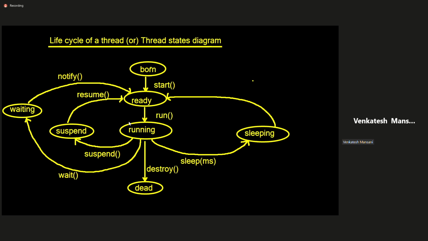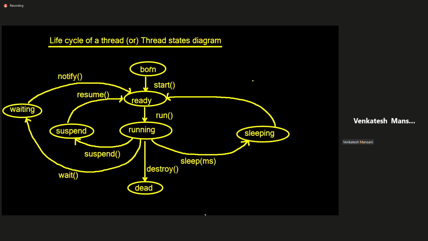But what's the difference between suspend, resume, wait, notify? That you'll understand tomorrow or the day after tomorrow. It is without synchronization, it is with synchronization. Here, a sleeping thread automatically starts after the time interval. But if you call the suspend method, it will not start automatically until you call the resume method.